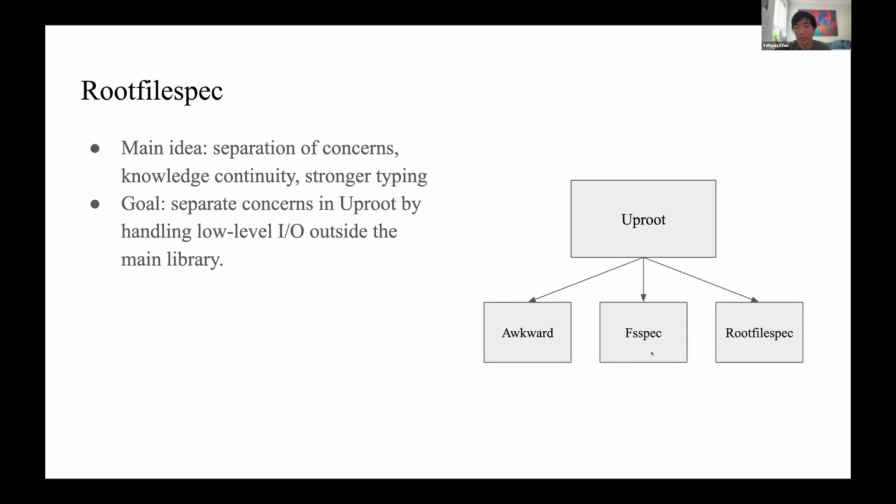It lets you open files with the interface. And root file spec is the new piece that only focuses on buffers from Python objects. The takeaway is that we want to separate the concerns and have knowledge continuity from Uproot, and we also want stronger typing, which is an added bonus.